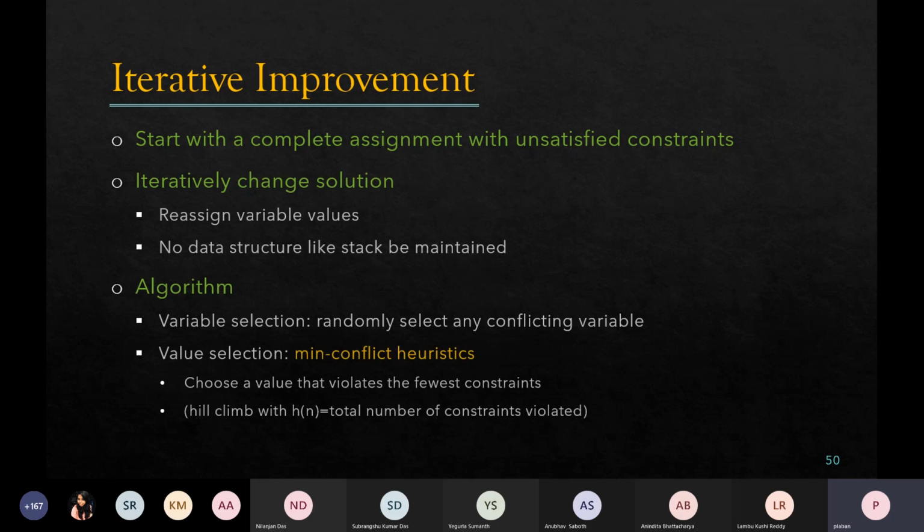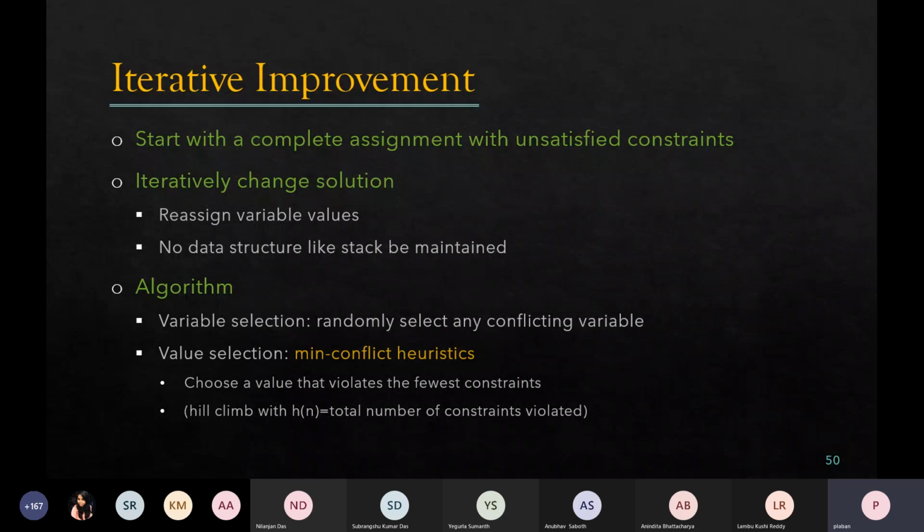And then while we are trying to select a value for that we will be using a heuristic, which is what we call as min conflict heuristic. So we'll be selecting a value that has got minimum conflict with the other assignments. That's it. That's the algorithm, right?